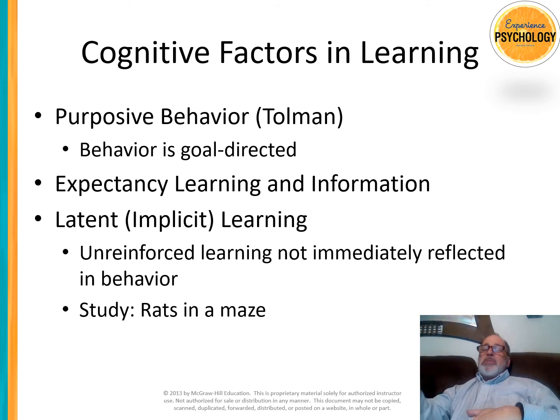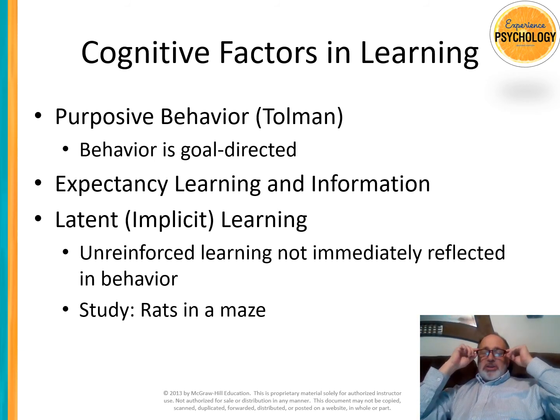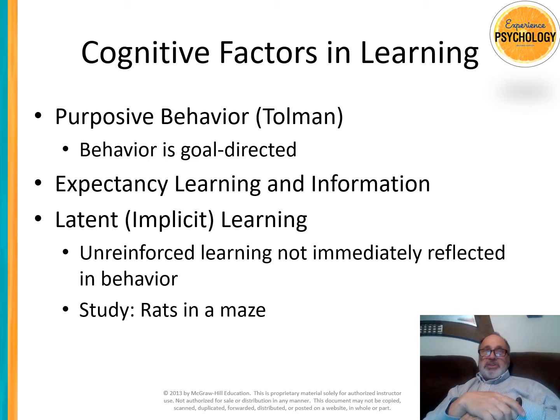All of a sudden they meet the person of their dreams, but their expectation is that it's not going to work. So expectancy learning is an important thing that we do in academics, in our relationships, everything that we encounter in life. Our expectations really limit us and also open up our possibilities.